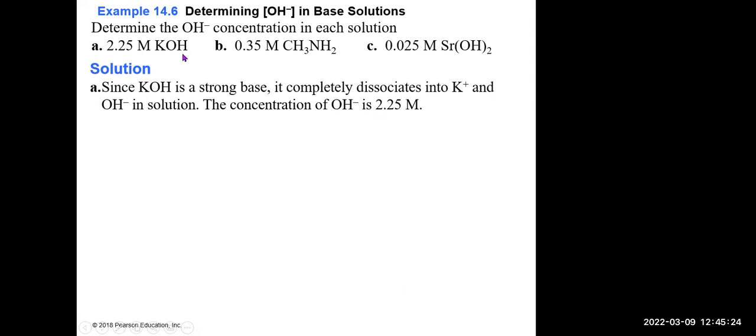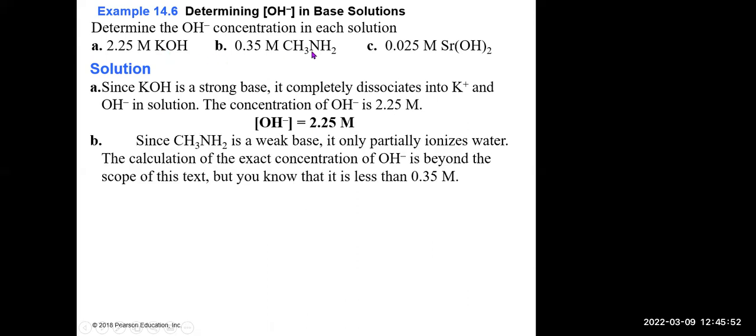Here you want to see the difference between the concentration of KOH and the concentration of hydroxide, even though the numbers are the same. So the OH negative concentration equals 2.25, even though the 2.25 initially refers to the concentration of KOH.